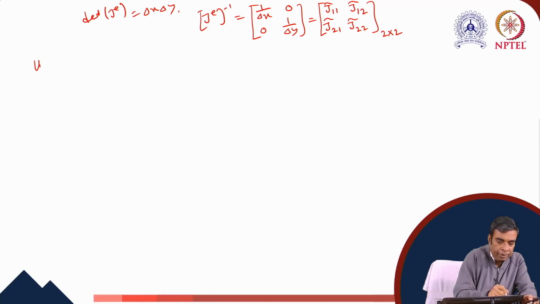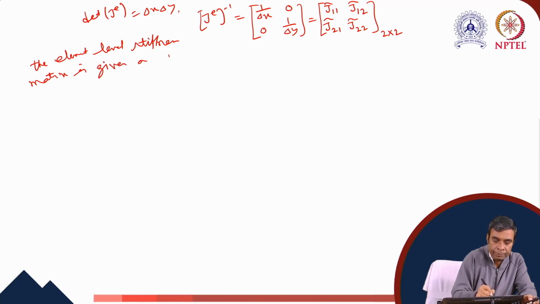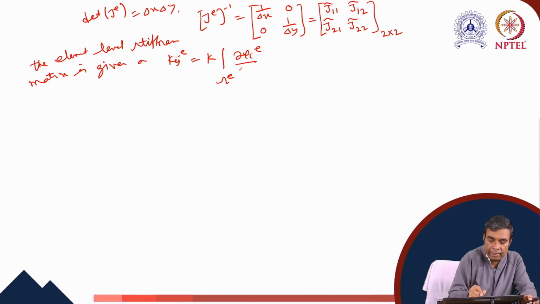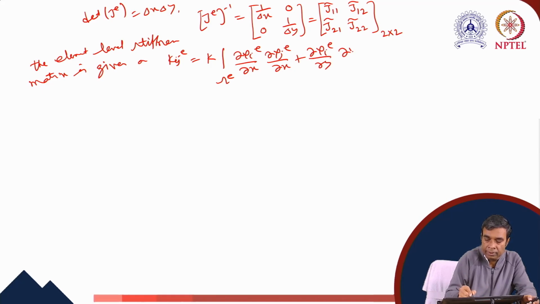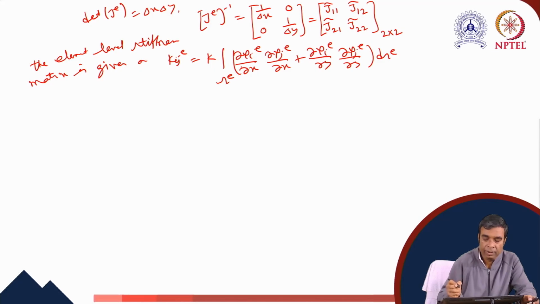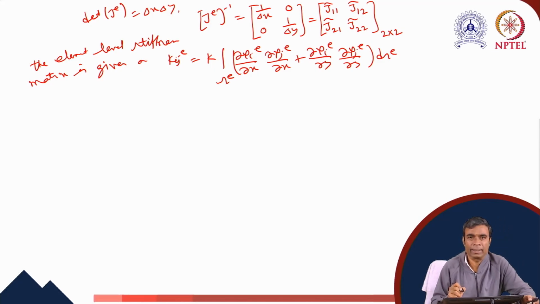Now the element level stiffness matrix is given as Kij E equals K into integration over omega E of del psi I E del x del psi J E del x plus del psi I E del y del psi J E del y, d omega E. We perform this integration in the natural coordinate system.